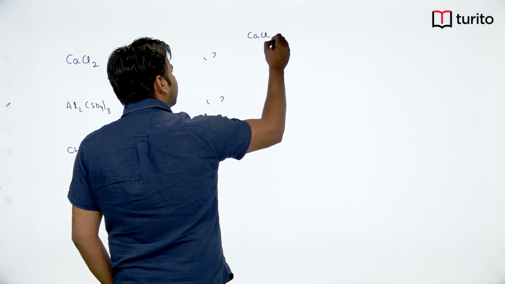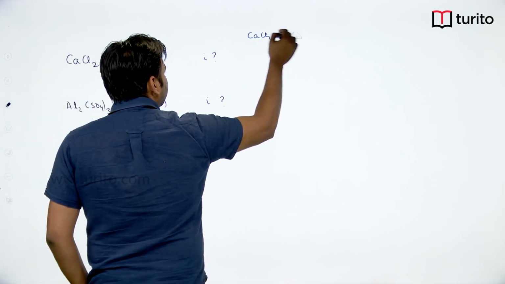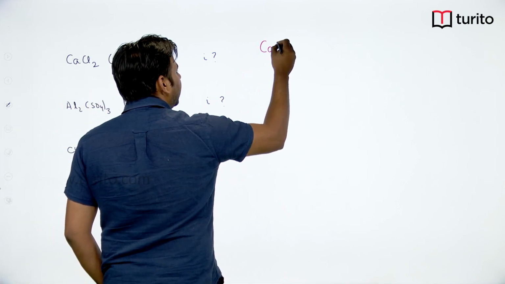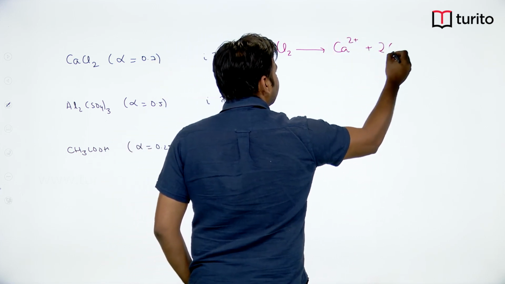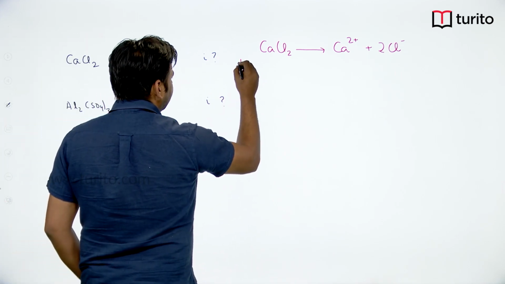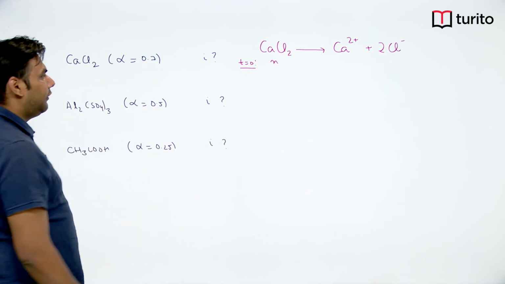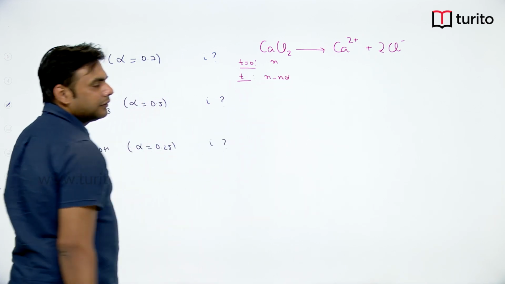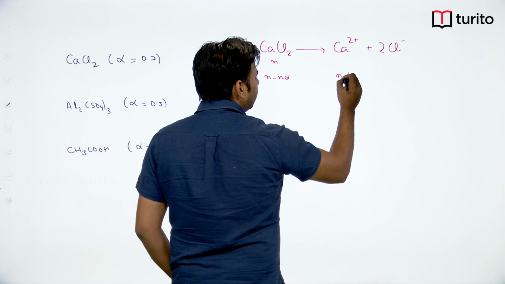Calcium chloride is dissociating into calcium 2 plus and 2 Cl negative. Let the number of particles initially, which we don't know, be n. Because alpha amount has dissociated, after time t we are left with n minus n alpha. 1 mole of this forms 1 mole of calcium ion, so n alpha would form n alpha.